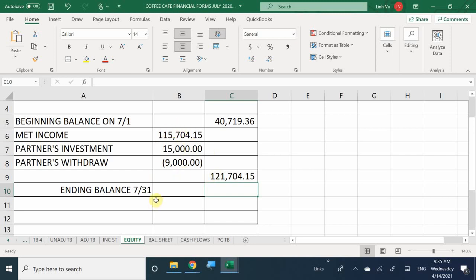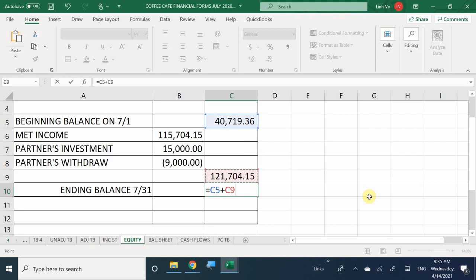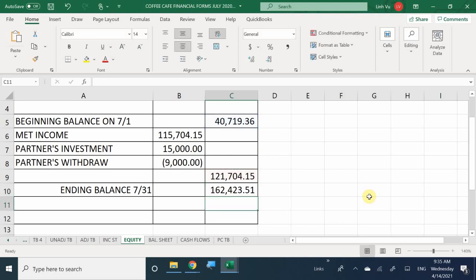So now, what is your total ending balance in your equity? $162,423.51. Perfect. Okay. And that's going to be your new equity.